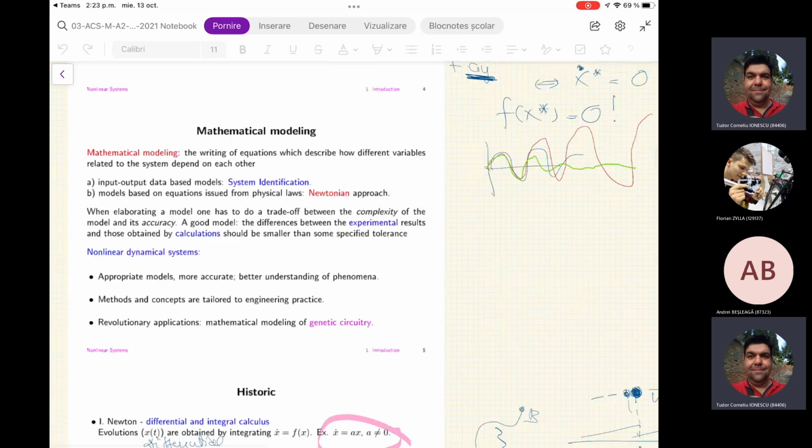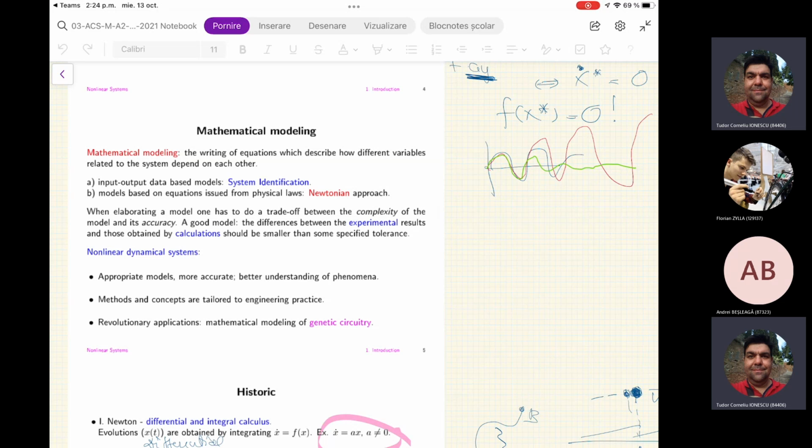Right, so let's dive a little bit deeper into the details of nonlinear control systems, and we are going to talk a little bit about what mathematical modeling is. I'm sure that most or all of you have followed courses on modeling and simulation before. And there, of course, there was the industrial discussion, if you like, about mathematical modeling.